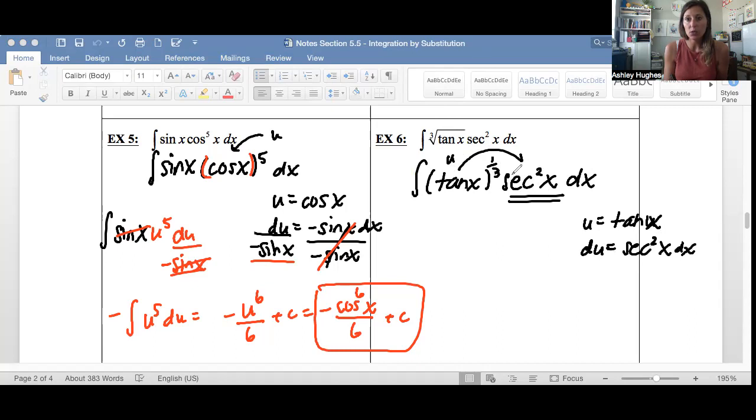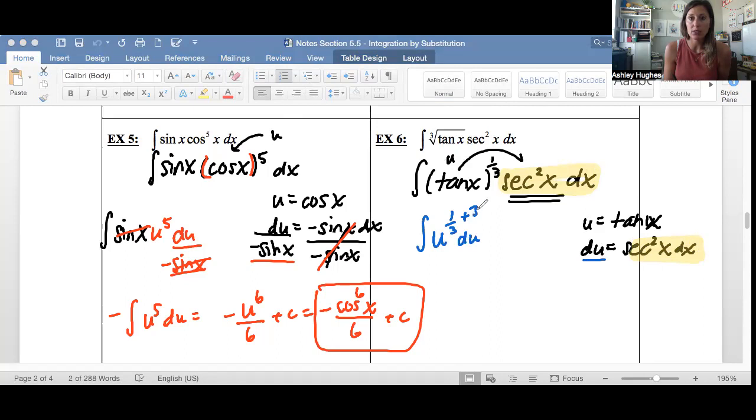And at this point, you don't have to always solve for dx. I just have done that to make it simple, but just to show you, some teachers make this guy equal to the du. So I see that that is just literally du. So I can write down u to the 1/3, and then instead of writing secant squared, I can write du.